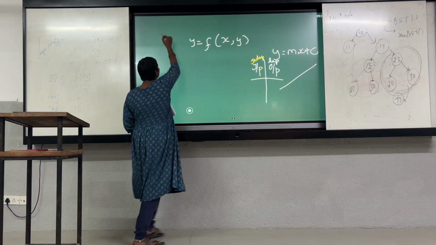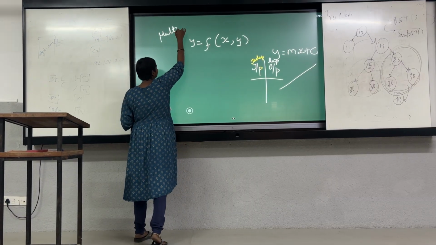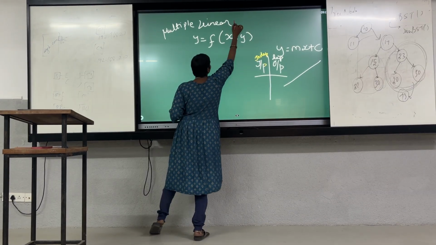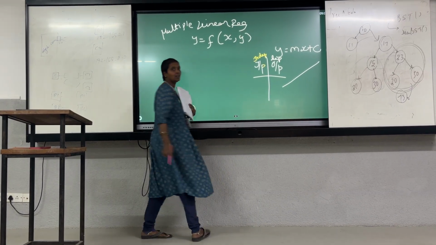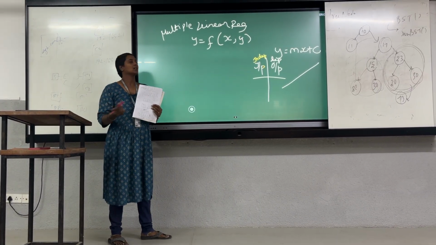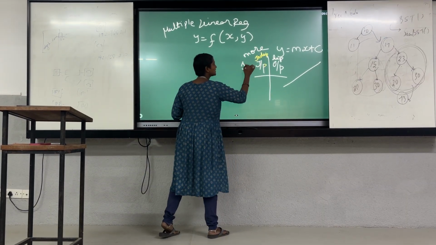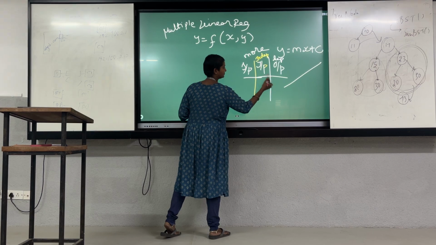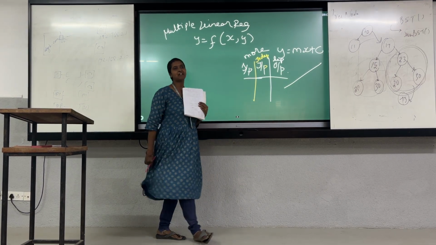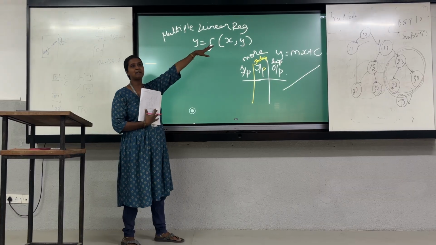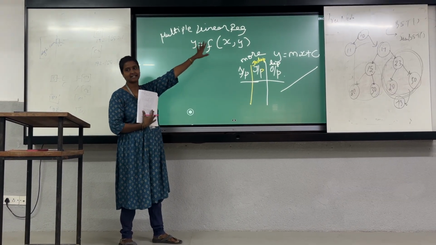But in multiple linear regression, one or more independent variables, that means more inputs, and only one dependent variable, we're going to predict the future value. That's why we named it multiple linear regression.